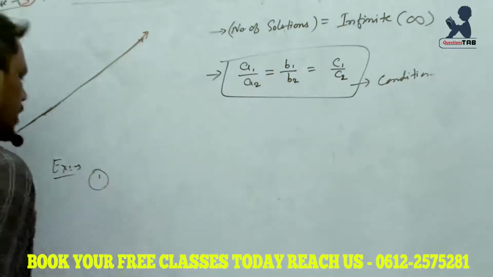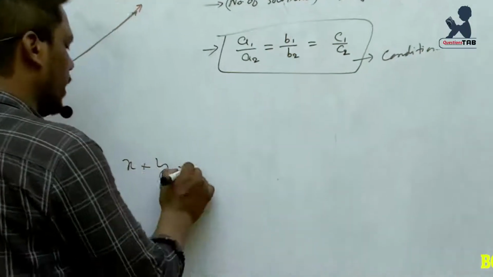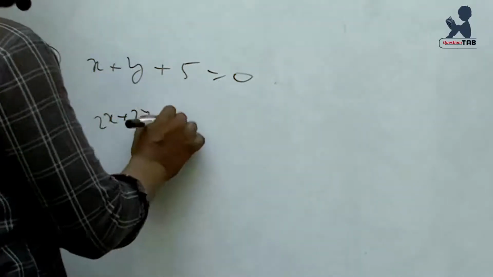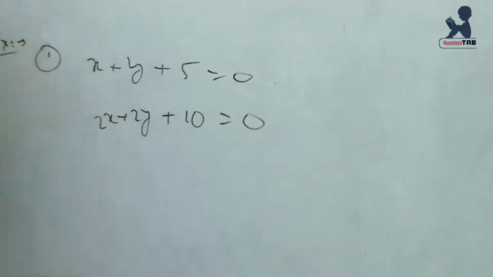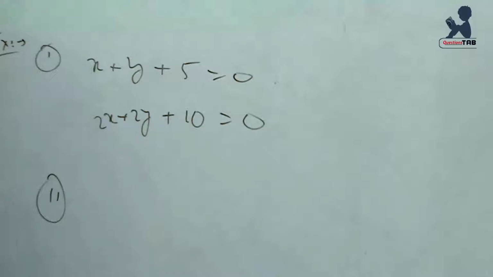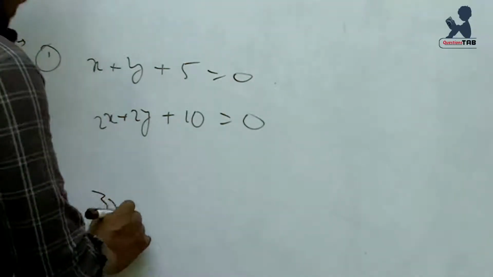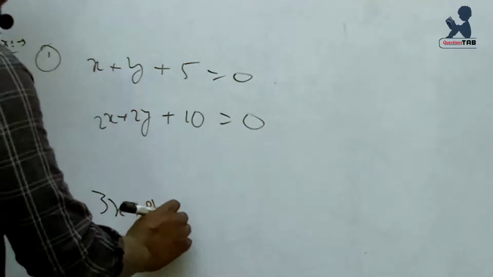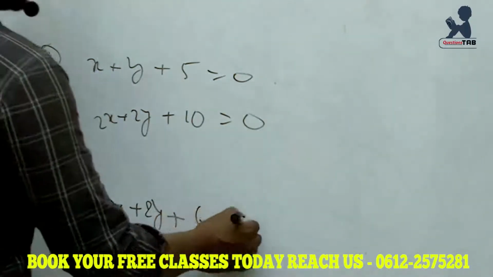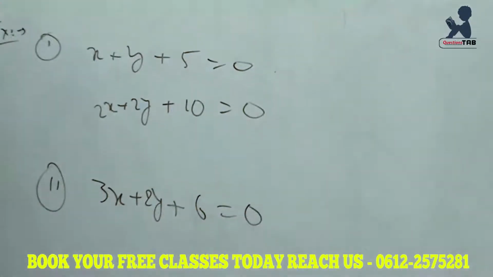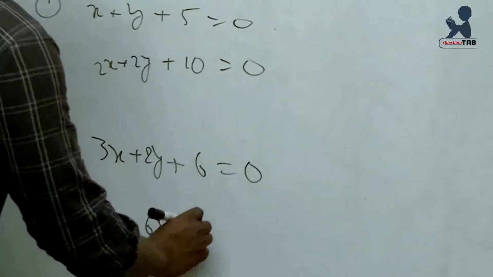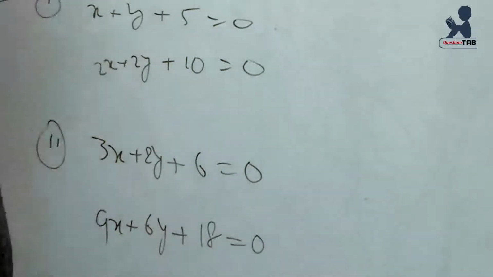So our first example is x plus y plus 5 equals 0, 2x plus 2y plus 10 equals 0. Likewise, we can also write 3x plus 2y plus 6 equals 0, 9x plus 6y plus 18 equals 0.